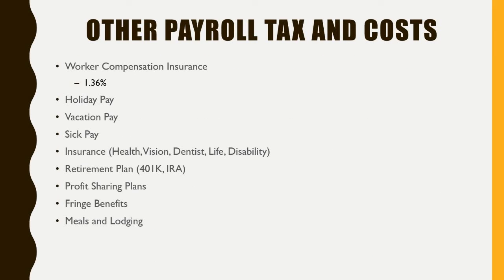Then there are other payroll taxes that you can be responsible for paying. If you offer things such as workers' compensation, extra pay for holidays, vacation pay, sick pay, or any retirement benefit plans, especially retirement plans, if an individual puts a portion of their check in there, you are responsible as a company to either match them dollar per dollar, match them 50%, or whatever it is.